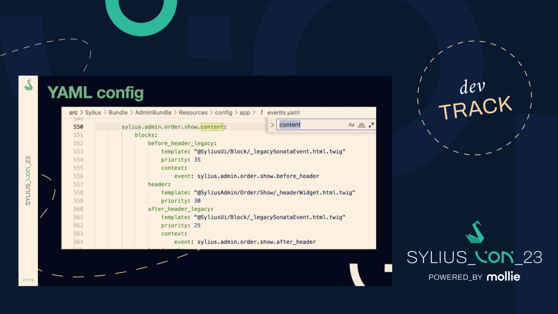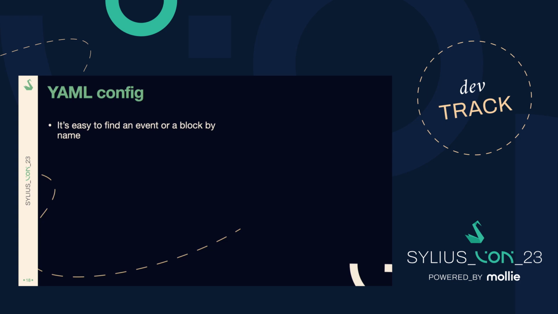Pretty cool. And of course, as everything in the world, it has pros and cons. The first pro is it's easy to find an event. You take an event name, you paste it, you find it. Also, the indentation, or the way YAML configs are formatted, makes it easy to find what we want, what blocks are rendered.